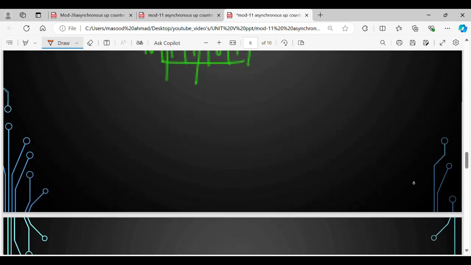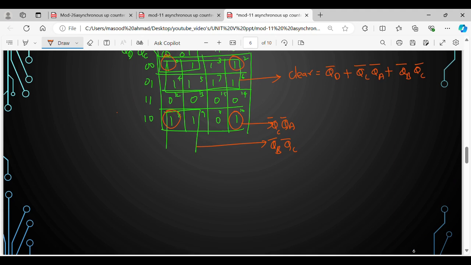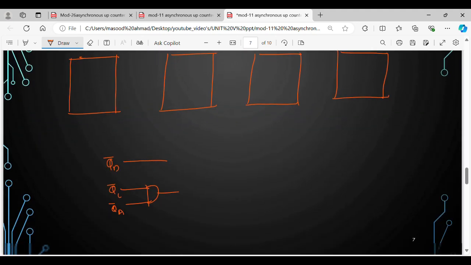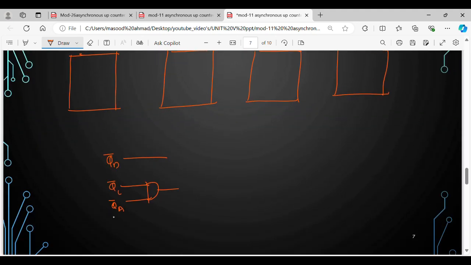Then you take one more input, QB bar and QC bar, and give it to an AND gate. All these three, give it to an OR gate. We will get an output.